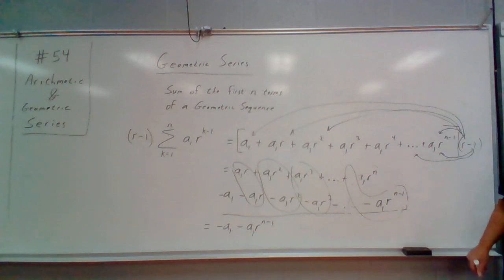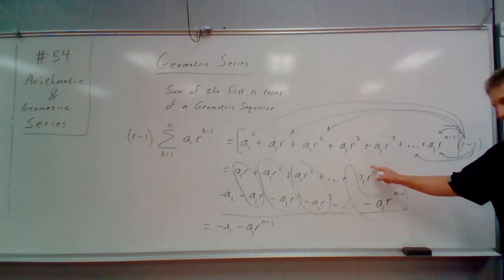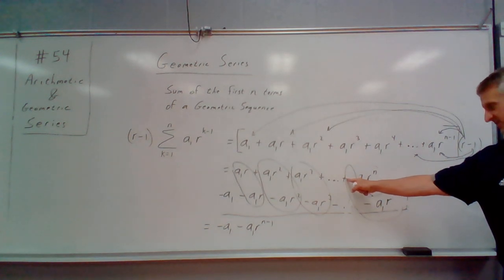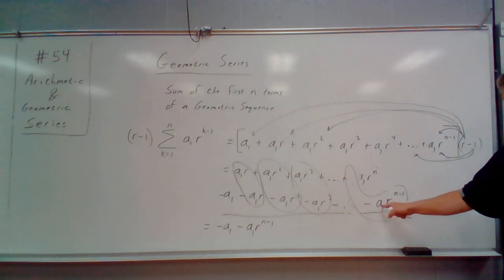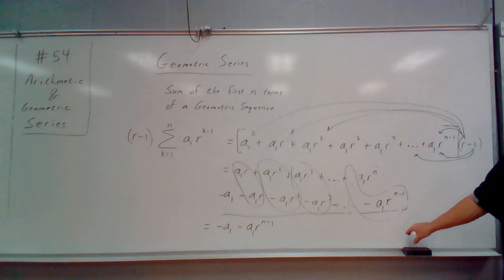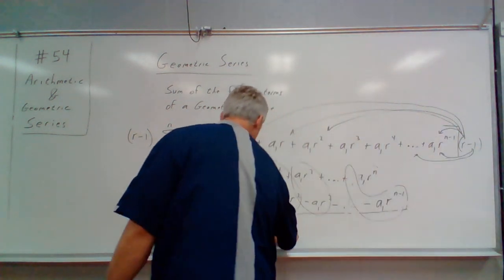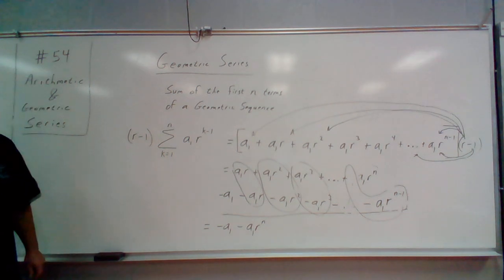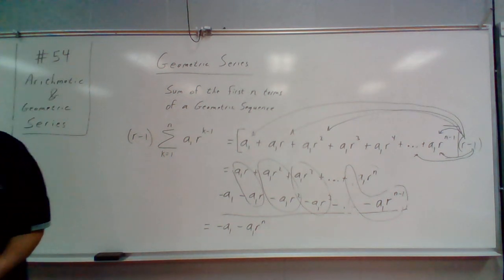So those actually cancel out. And this will be the only thing that's left. R to the n minus 1 should be over here on this side. So it cancels with that. So this is the only one that's left. So I'm sorry, that should just be an n. This is a mess, right? All right, so now those will be the only two that are left.